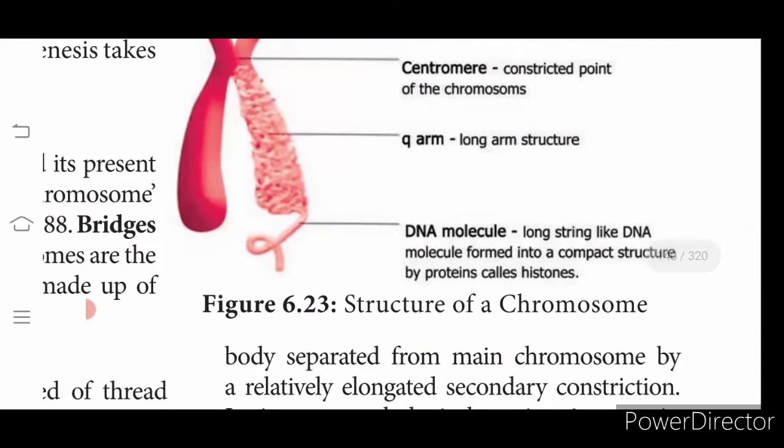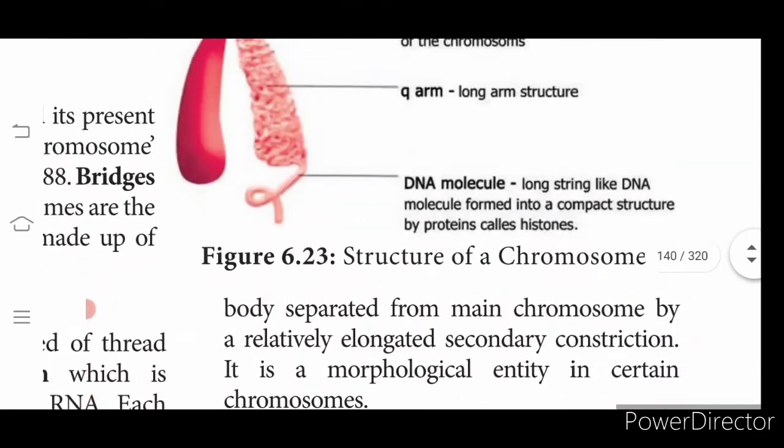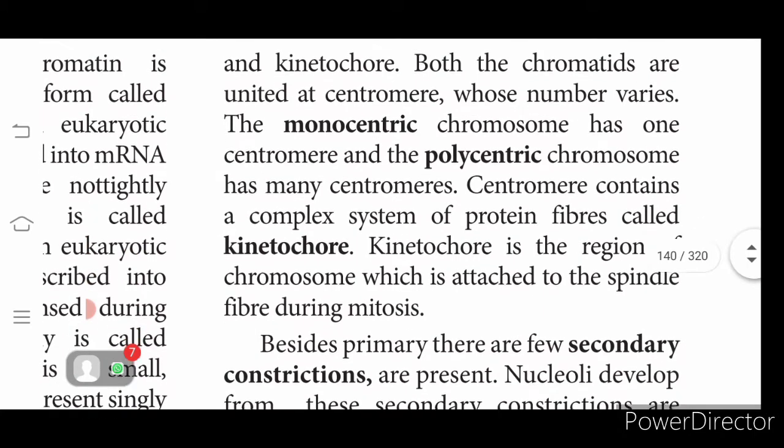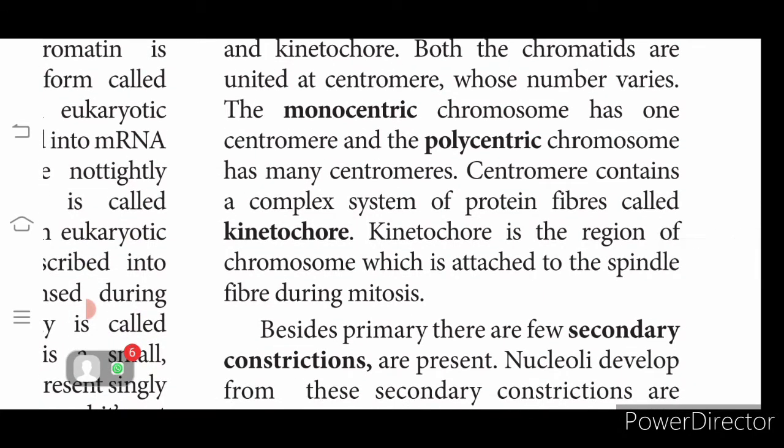How it is present inside is shown here, DNA. Along with the DNA there is a presence of protein. Follow? Once this constriction is seen, the chromatids are attached by means of a constriction, that is called a monocentric chromosome. If there is more than one constriction, then it is called a polycentric chromosome.